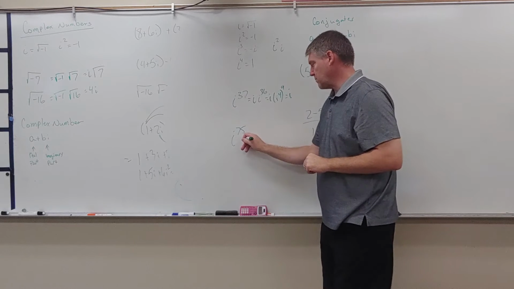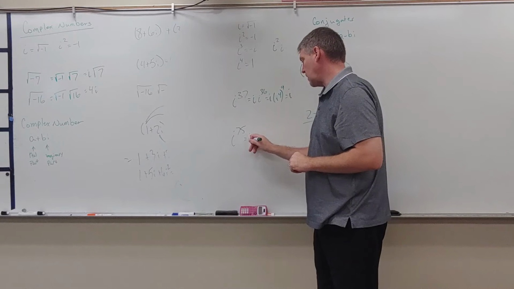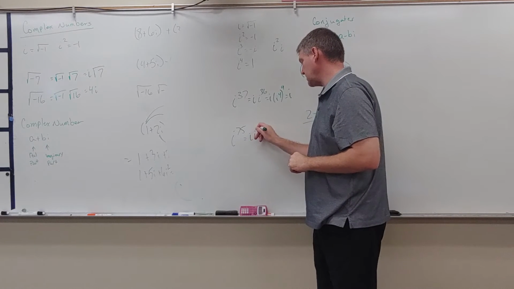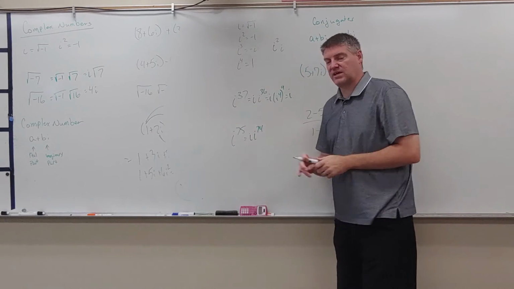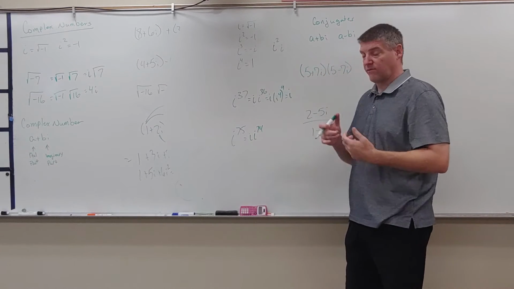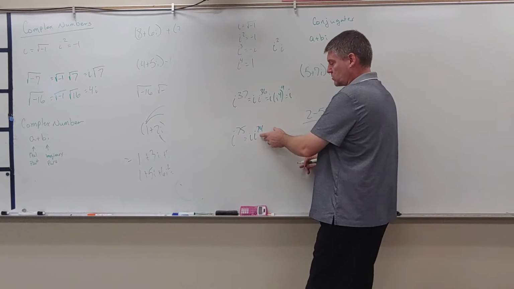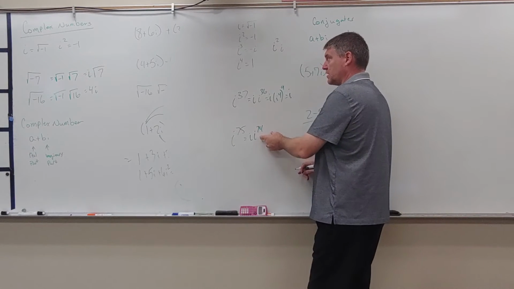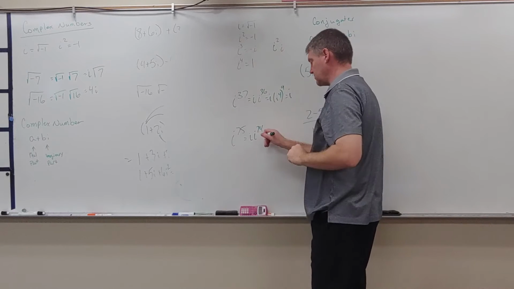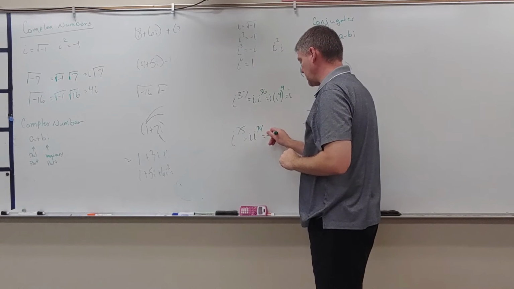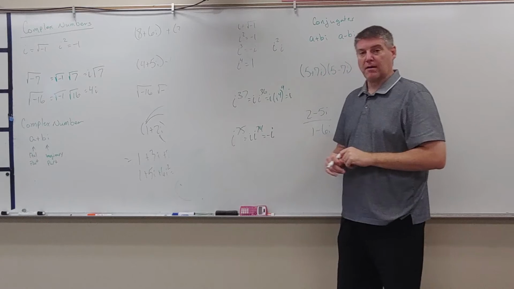Okay? So now I'm going to look at this next one. So i times i to the 74th. Is 74 divisible by 4 evenly? The answer is no. Okay? So now what happens here is I'm going to have a negative. So this is going to break up into -i.